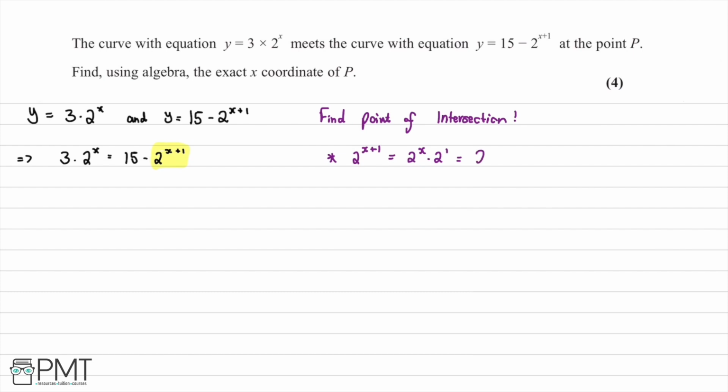So this is equal to 2 to the power of x multiplied by 2. We can substitute this back in, so we have 3 multiplied by 2 to the power of x equal to 15 minus 2 to the power of x multiplied by 2.